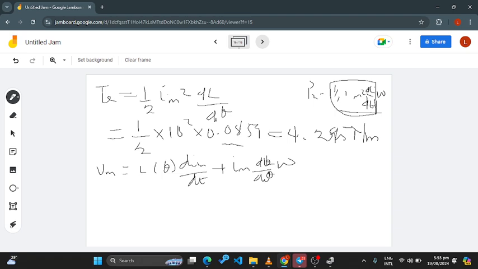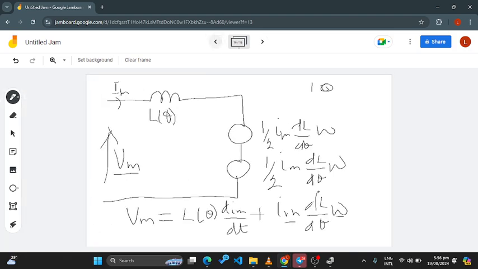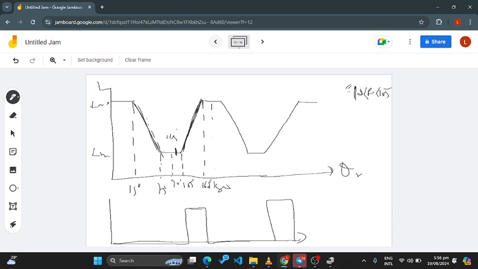Okay, now let's observe something. We have Im over here, we have the Im over here, and we have the t here. We have dL d theta over here. But look carefully. During this phase, can you see that the inductance is constant? At B, the inductance is constant, because the inductance is equal to L mean.